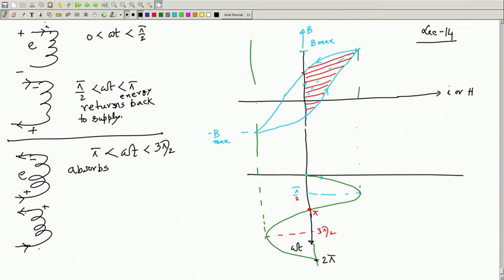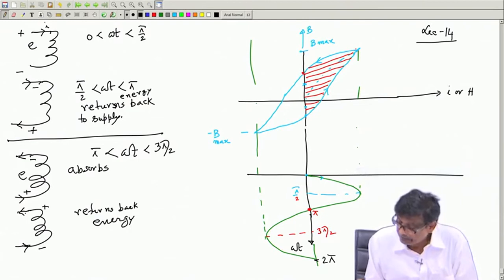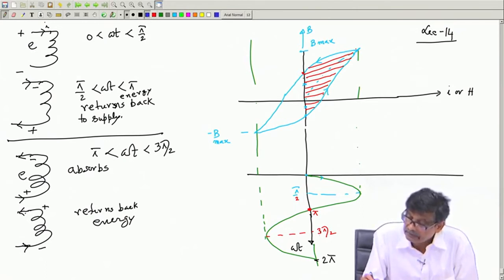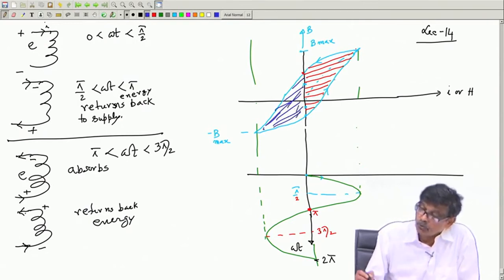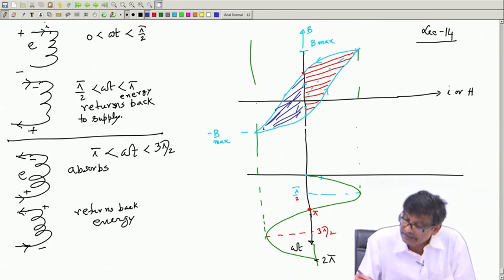So, it returns energy back to the supply. So, effectively when current makes a complete full cycle, the area corresponding to that will be this. So, total energy absorbed in one cycle of current variation will be this area plus this area.